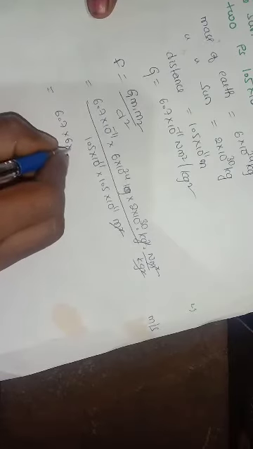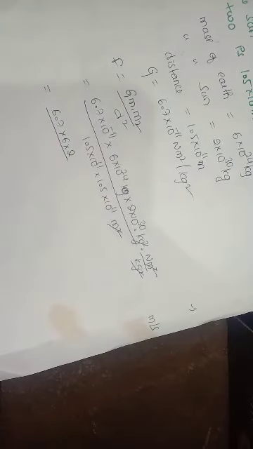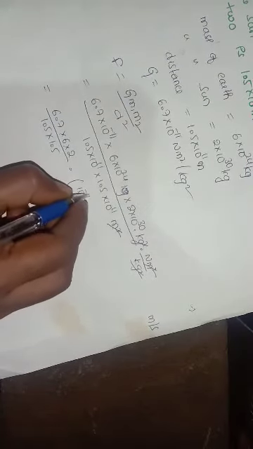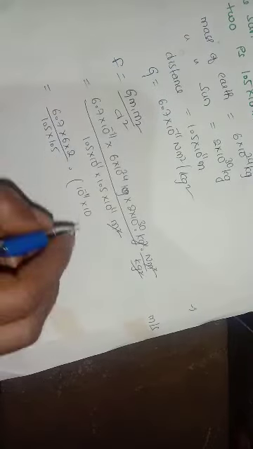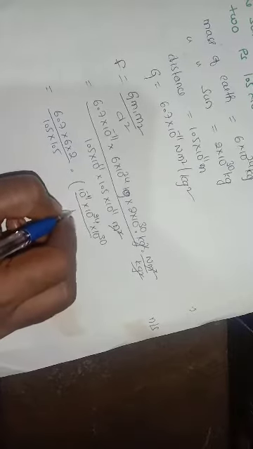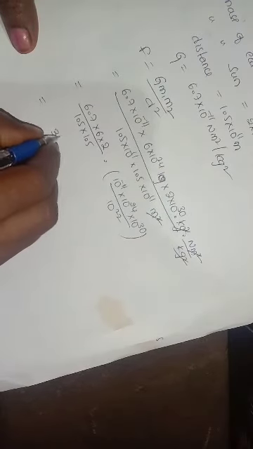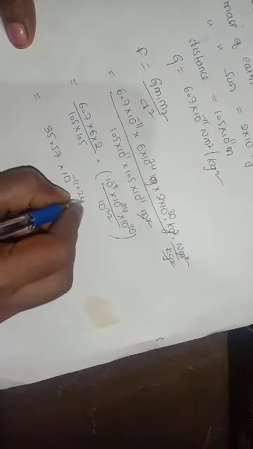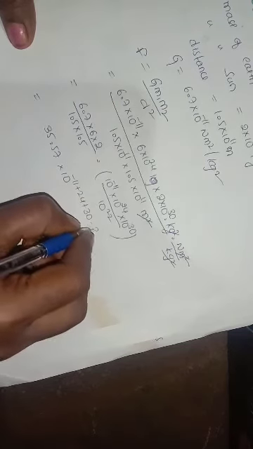Let us write the numericals in one bracket, and these powers of 10 in another bracket. 6.7 into 6 into 2 by 1.5 into 1.5. In the next bracket, 10 power minus 11 into 10 power 24 into 10 power 30 by 10 power 22. If you calculate these numericals, you will get 35.57, into 10 to the power of minus 11 plus 24 plus 30 minus 22.